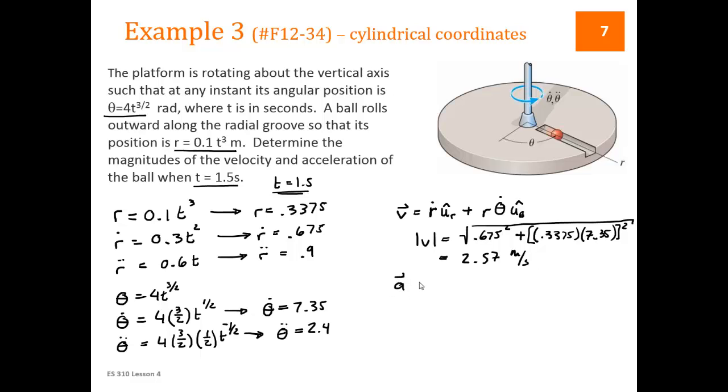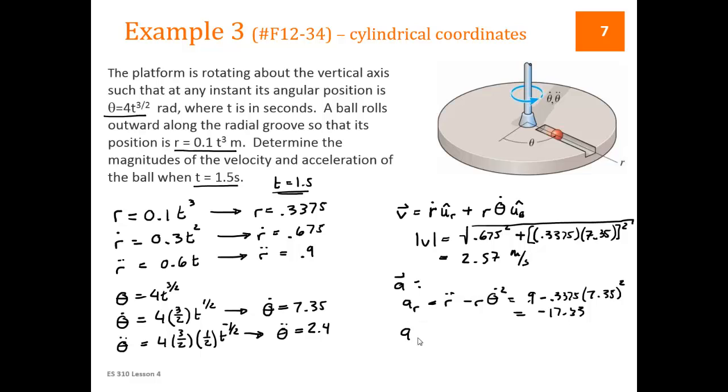Acceleration has 2 parts. We've got the r part of acceleration, which is equal to r double dot minus r theta dot squared. Plug in your numbers. Okay, so we've got r double dot is 0.9 minus r, 0.3375, times 7.35 squared. This is equal to negative 17.33.